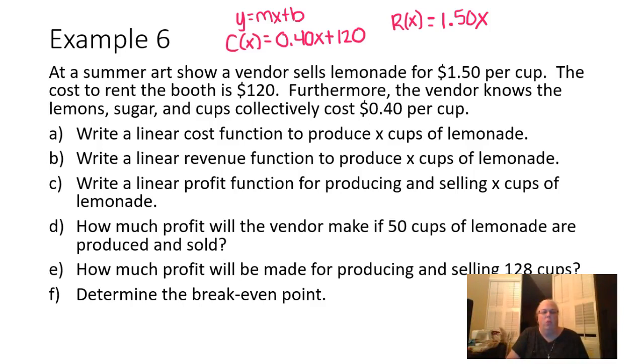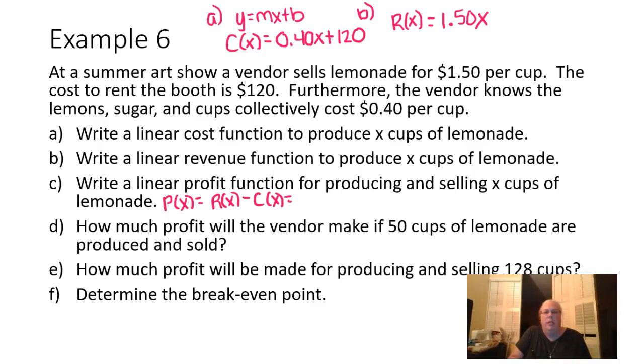C, write a linear profit function for producing and selling x cups of lemonade. All right, profit. This is what's left over after you have subtracted all of your costs from all of your revenue. So our profit function, P of x, is going to be our revenue minus our cost.